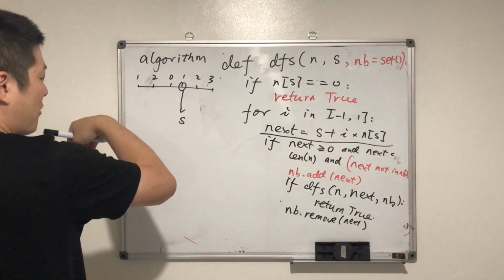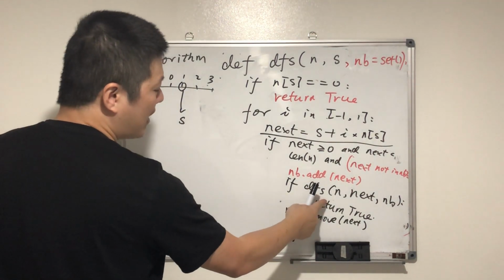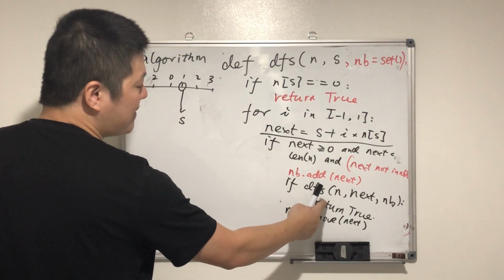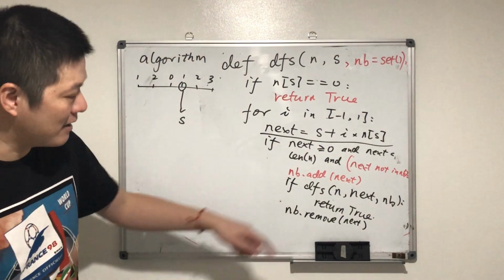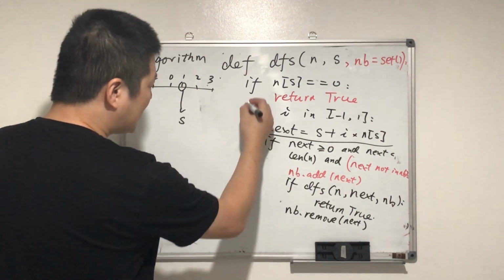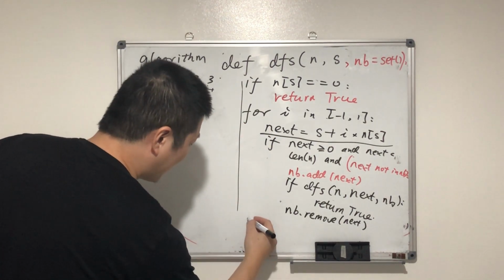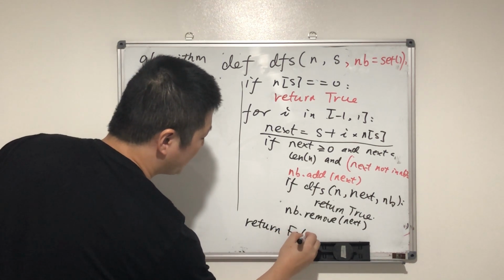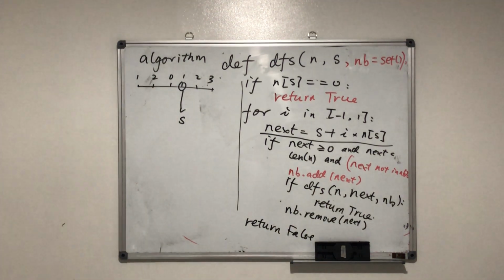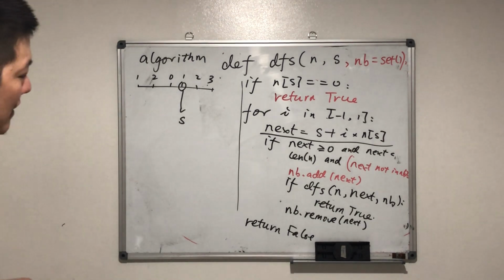If I'm jumping backwards and I didn't find a solution, then I have to jump forward to try, right? So what's next? What should I do here? Return false. Yes, because after this, if we can't find it, we return false, right? So do you see it? Yeah, I see it.